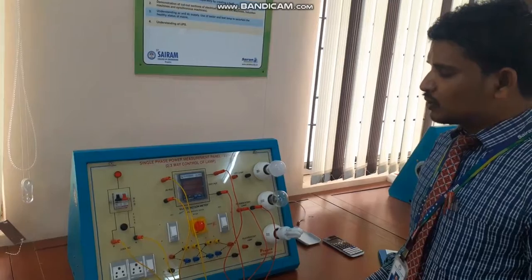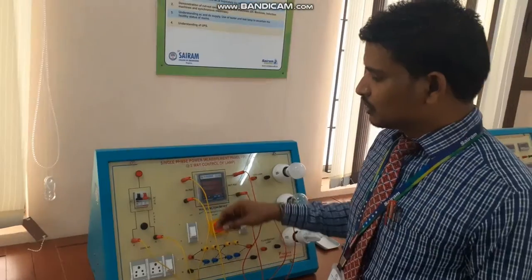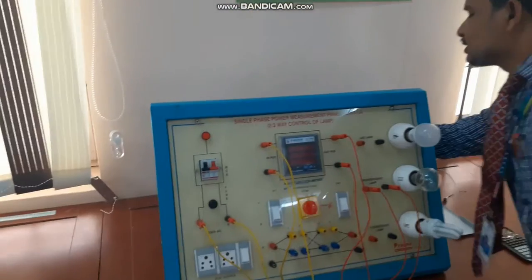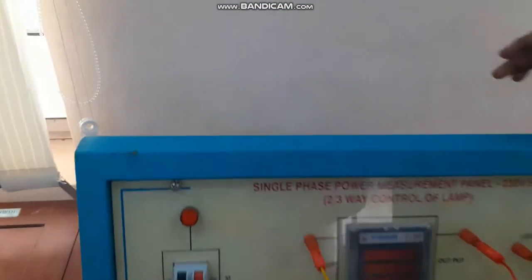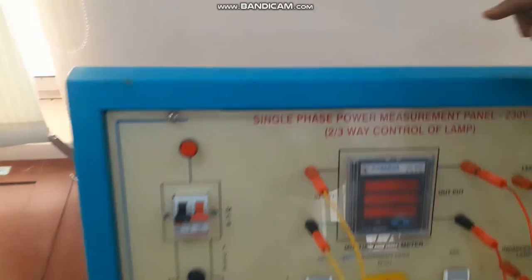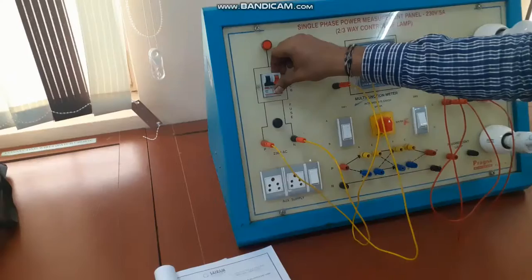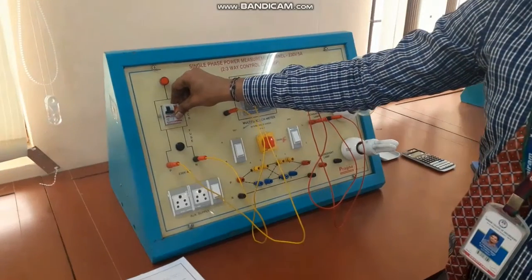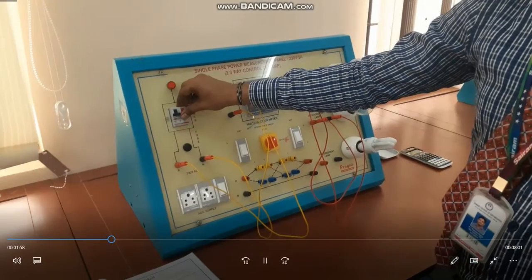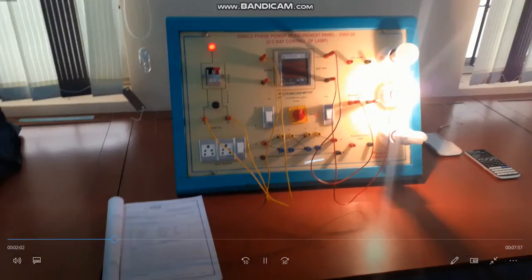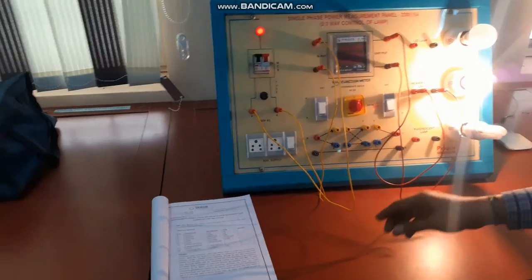To give the power supply, we are going to switch on the main power supply at the back side, and here we switch on the MCB. MCB stands for miniature circuit breaker. It is a double pole single throw switch, and once we give the supply, the incandescent lamp is glowing.